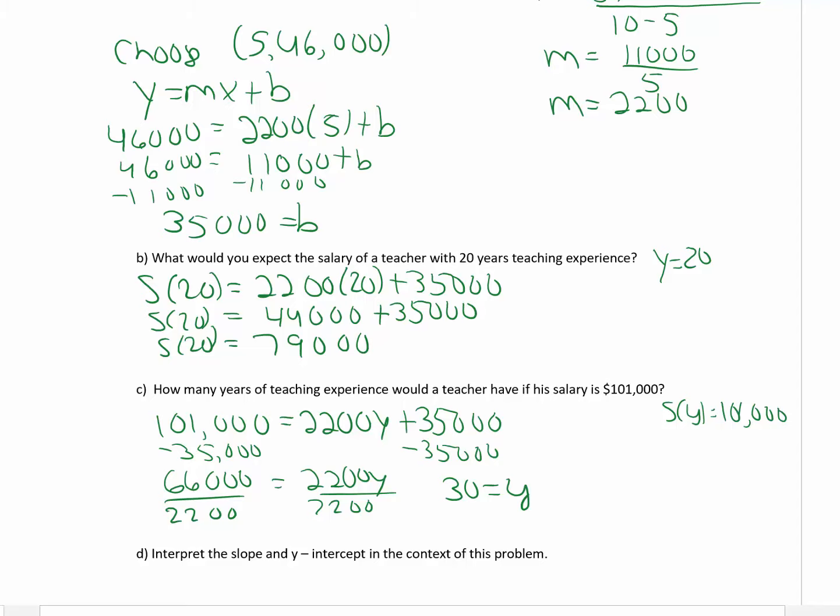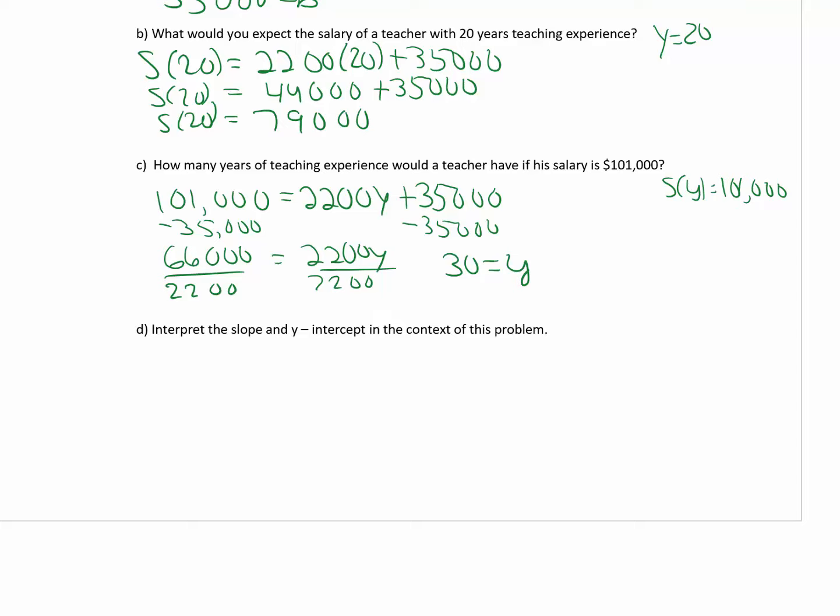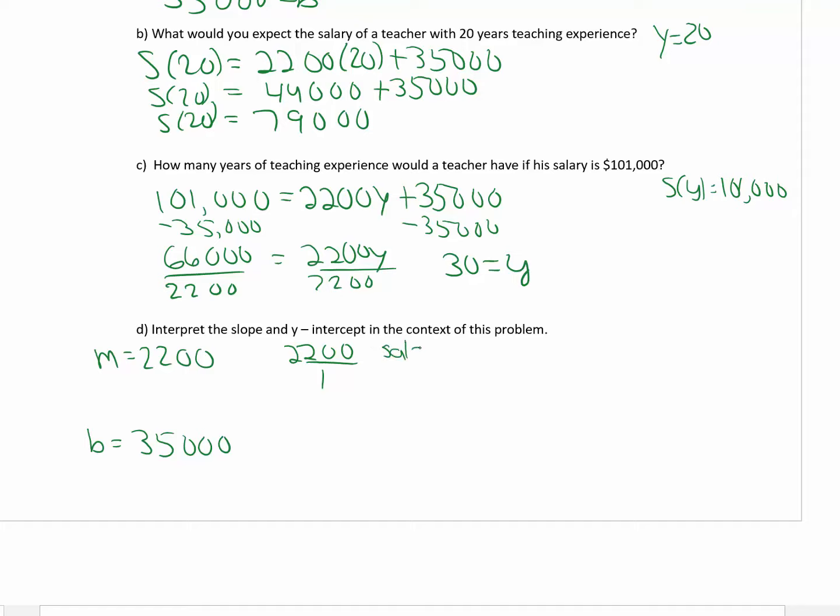Okay, last part we're going to do with this, we want to be able to interpret the slope and the y-intercept for this problem. So I'm going to rewrite what the slope and the y-intercept are now. Okay, so the slope can be rewritten as what? 2,200 over 1. This talks about salary. This talks about years of teaching experience.